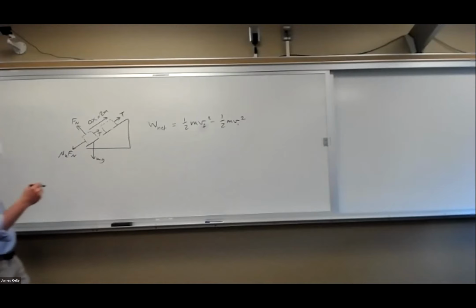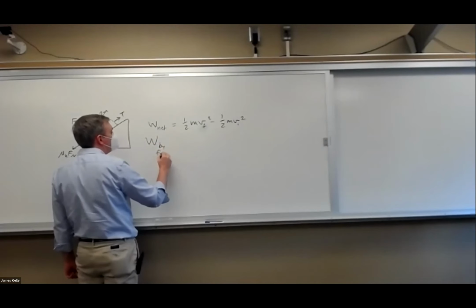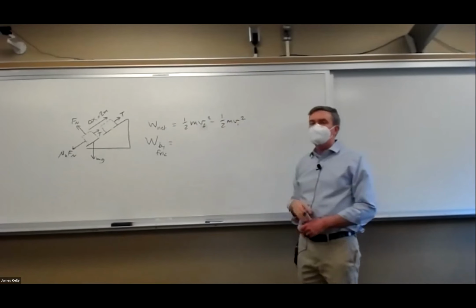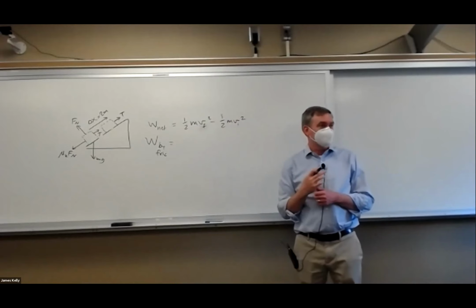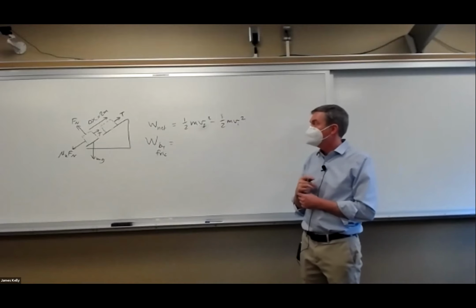And maybe I want to calculate just the work done by the friction force. Now, the first thing I might want to decide, just to make sure I don't forget about it later on, is what's the sign of the work done by friction during this 2 meter climb up the plane?